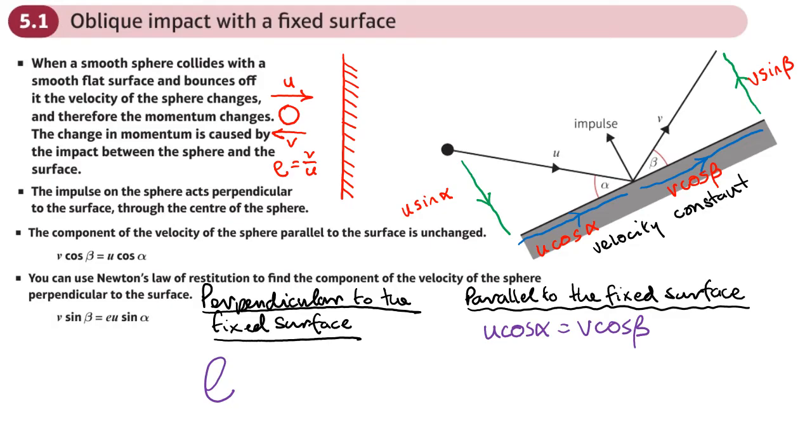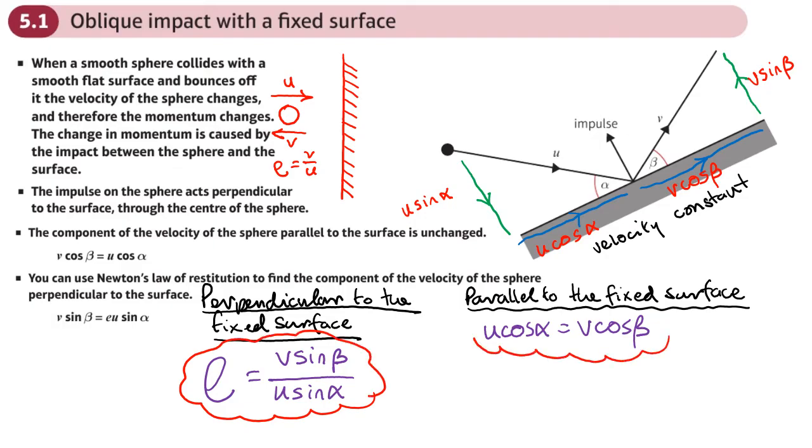So the coefficient of restitution e will equal the speed of rebound, which is v sine beta, over the speed of approach, which is u sine alpha. So these are two equations which we can use. In the parallel direction, the velocities are equal. In the perpendicular direction, there is a slowing down of velocity, and that will be given by the coefficient of restitution. That will give us the link between the two.